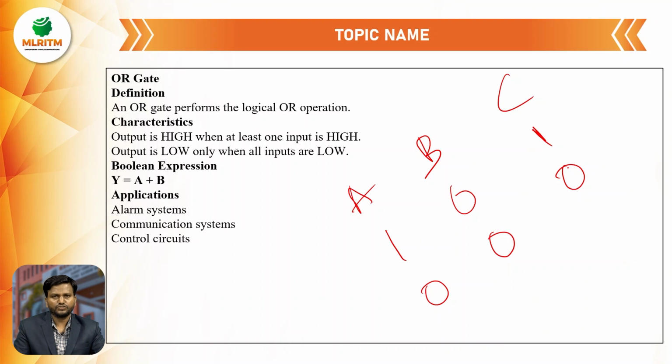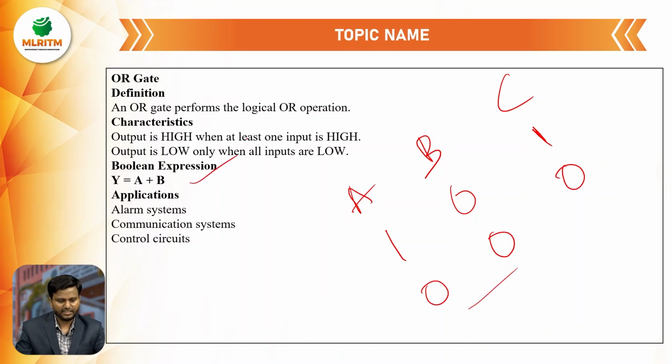One element should be the highest value, which is 1. Of the two variables A and B, minimum one should be the highest value. If both are low values, we get the lowest value, 0.